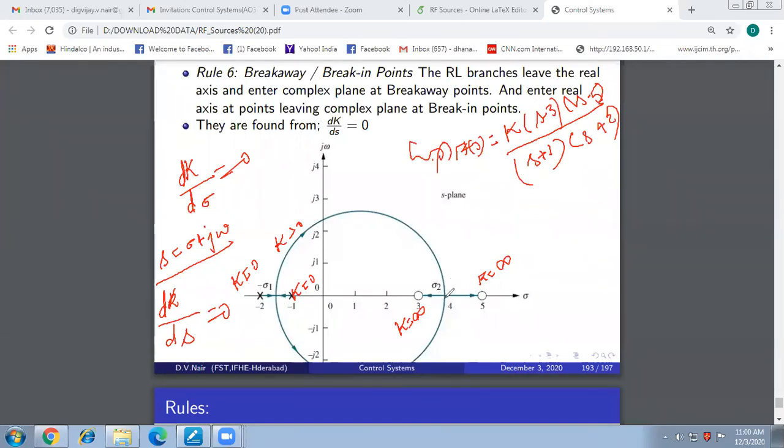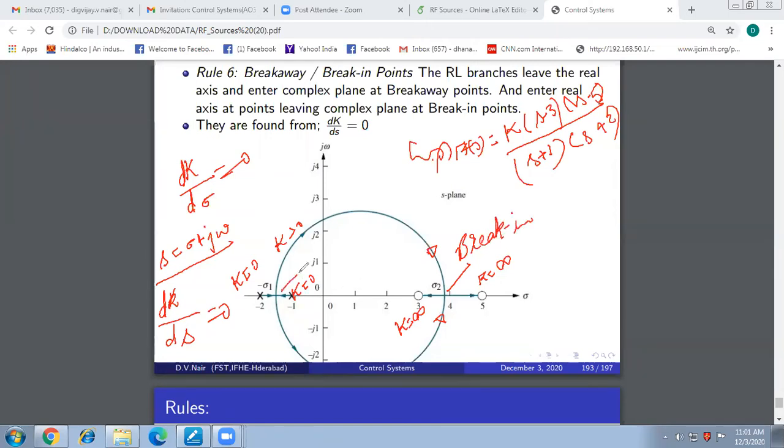At the same time, we find the point on real axis where the two branches enter and meet real axis, right? The point at which the root locus from being a complex quantity is becoming what now? Real, right? This point is called a break in point.